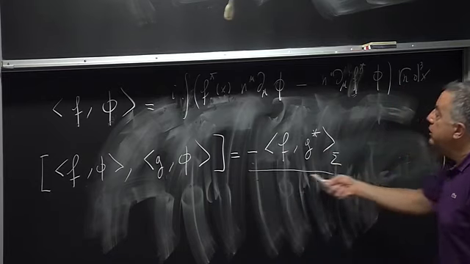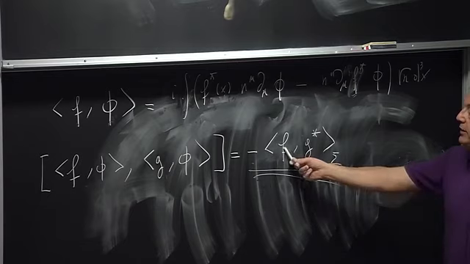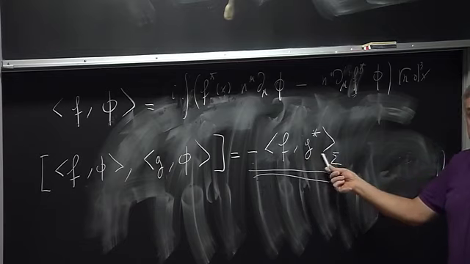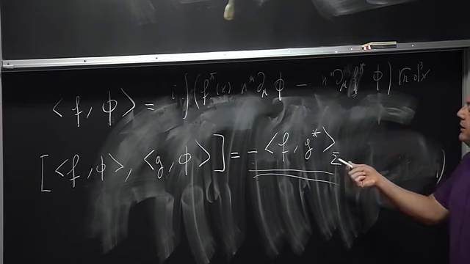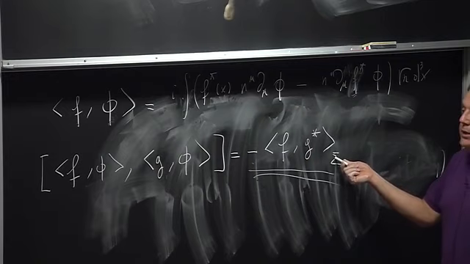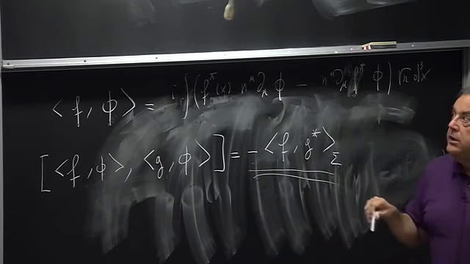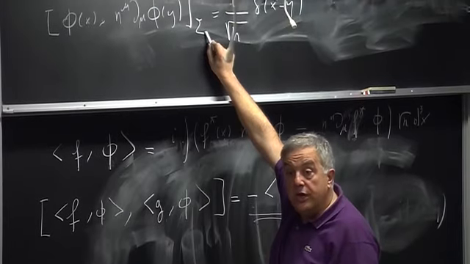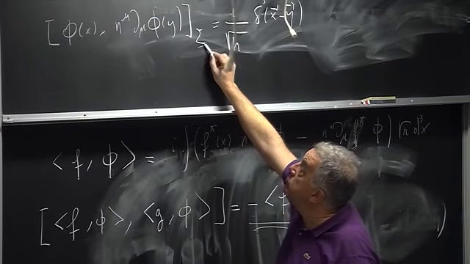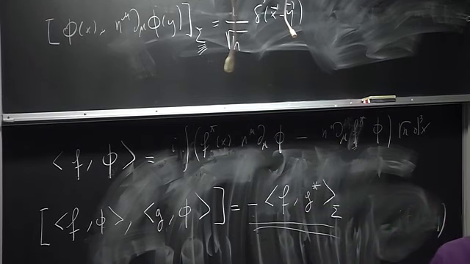But you know that this is independent of sigma. This is the Klein-Gordon product of these two solutions. It is computed on a hypersurface sigma, but we just saw that it does not depend on sigma. So these commutation relations are also not dependent on sigma. So this way of writing the equal time commutation relation, which makes use of a chosen hypersurface, indeed does not depend on the chosen hypersurface.